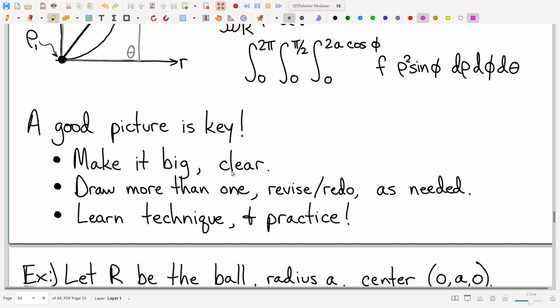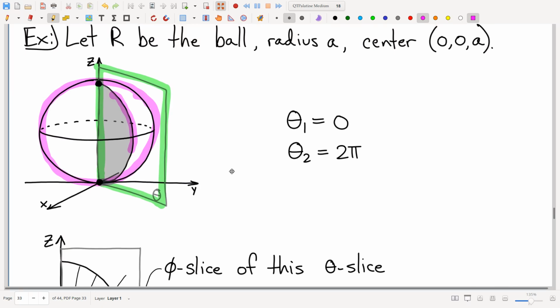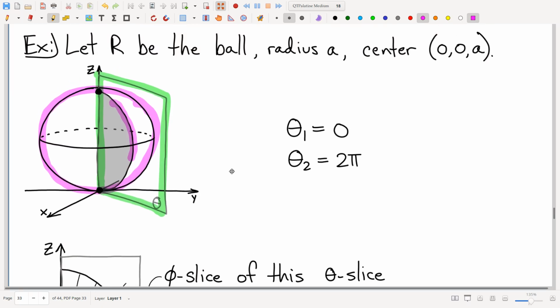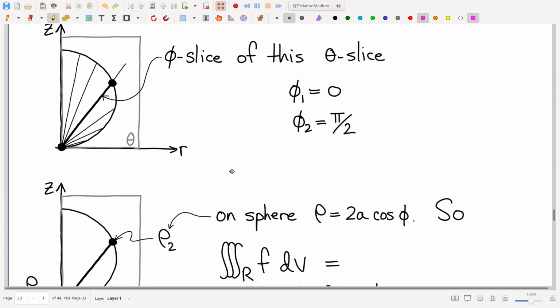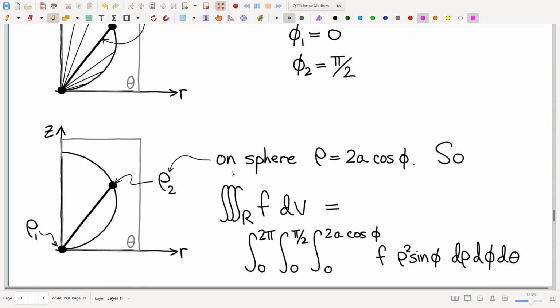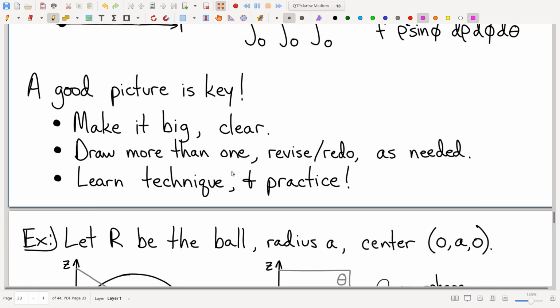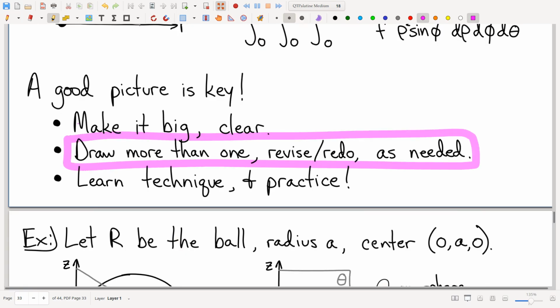I think a case could be made that these pictures that I've drawn are kind of bare minimum size. Maybe they could have been bigger. But in this case, we kind of got away with it. These pictures didn't get too cluttered. Let's see here. Don't expect that you're going to just look at the description of the question and see what the domain looks like in your mind, and then just draw it, and then presto, you'll have this beautiful picture.